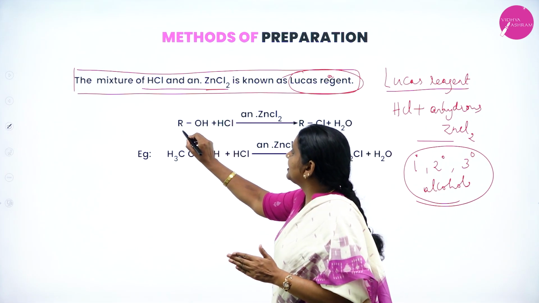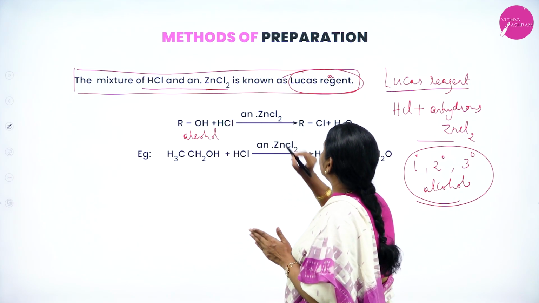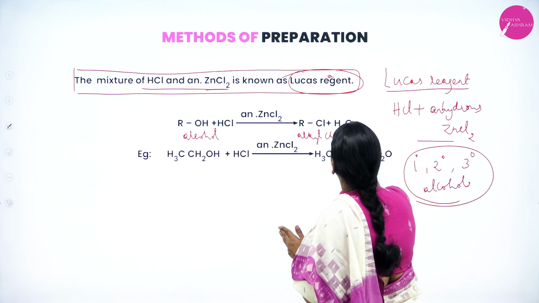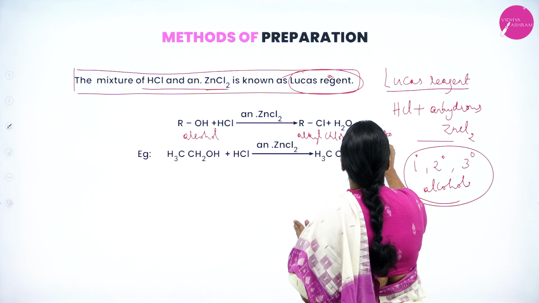Now, what is the general equation? Alcohol ROH with HCl and anhydrous zinc chloride gives RCl, alkyl chloride or chloroalkane.